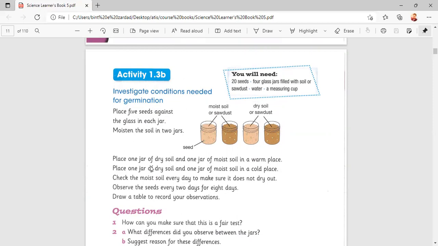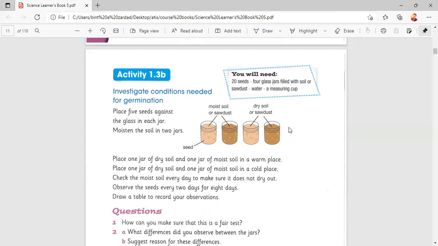Place one jar of dry soil and one jar of moist soil in a warm place, and place one jar of dry soil and one jar of moist soil in a cold place. It means two jars, one dry and one moist, in the cold place, and the other two in the warm place.